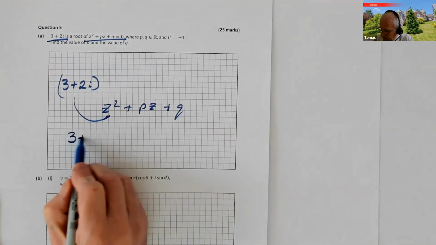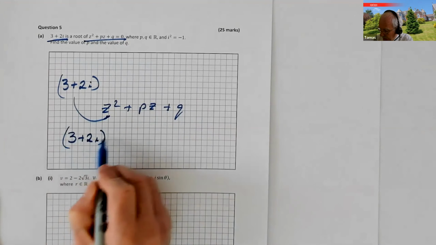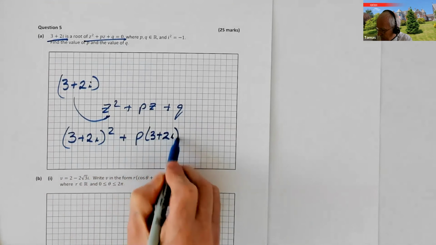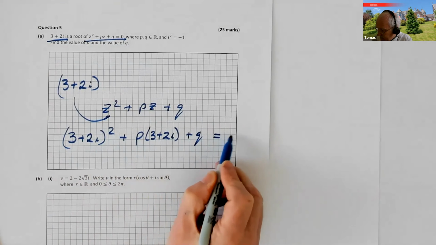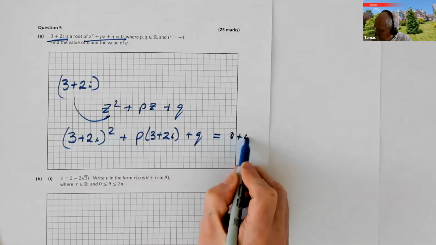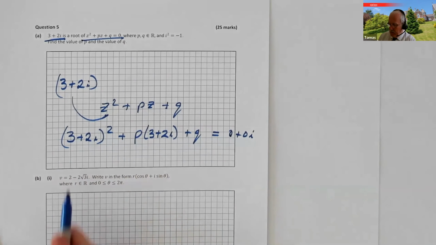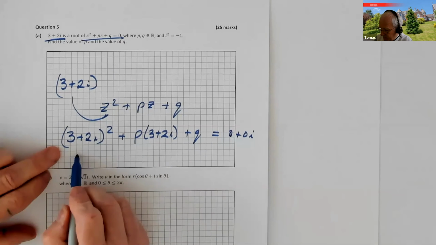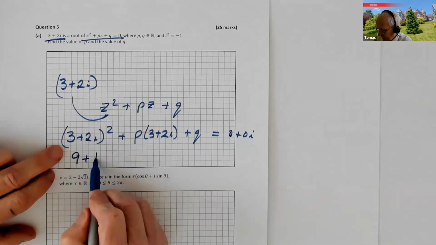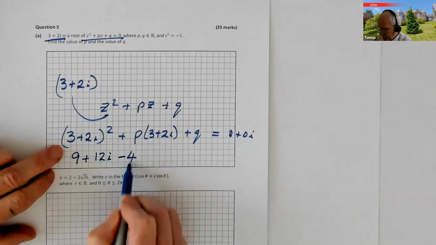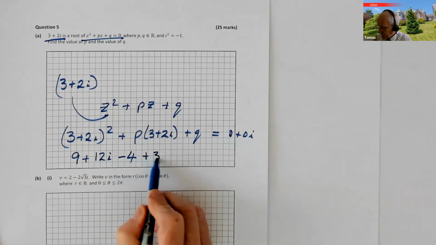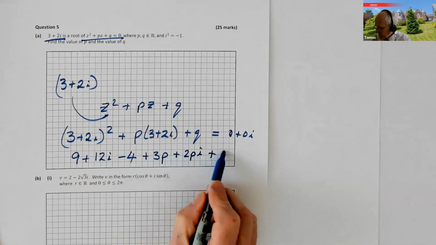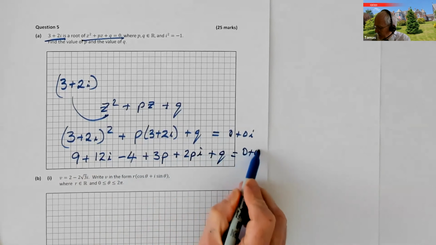So 3 plus 2i squared plus p times 3 plus 2i plus q is 0 plus 0i. We work these out using the FOIL method, 9 plus 12i minus 4 or something like that, plus 3p plus 2pi plus q equals 0 plus 0i.